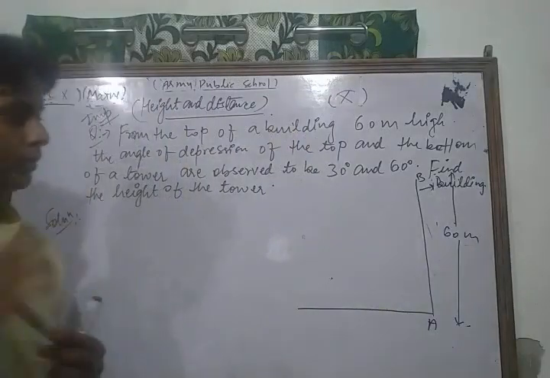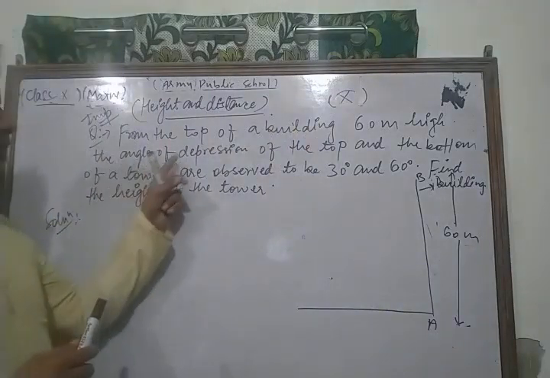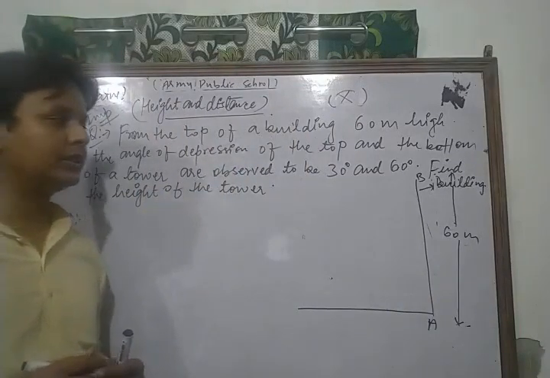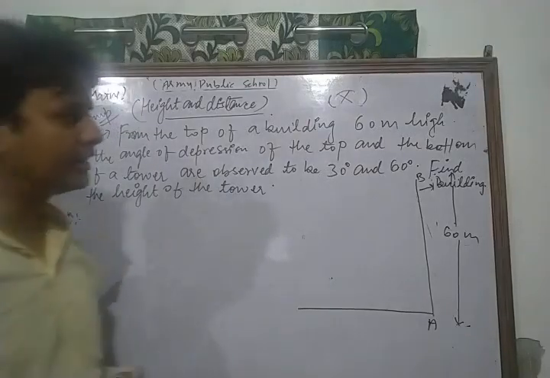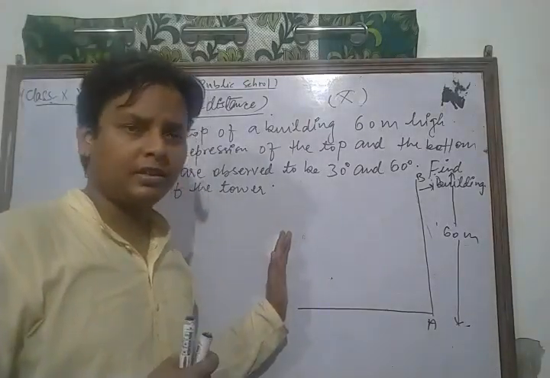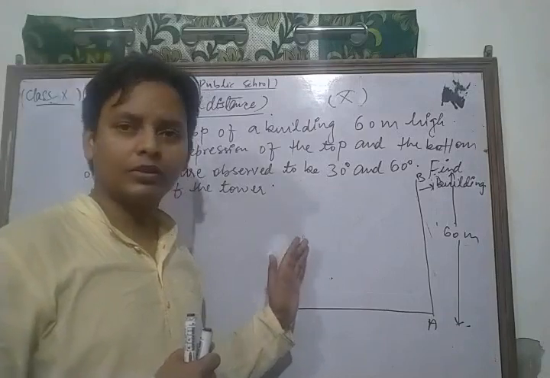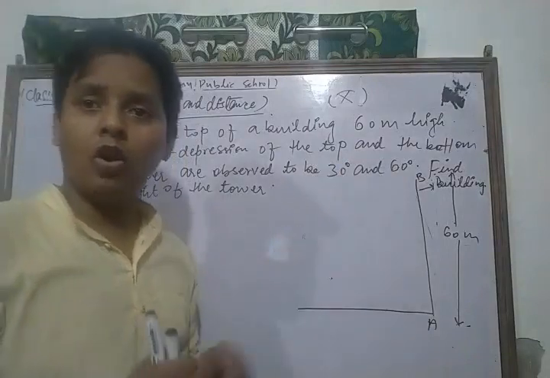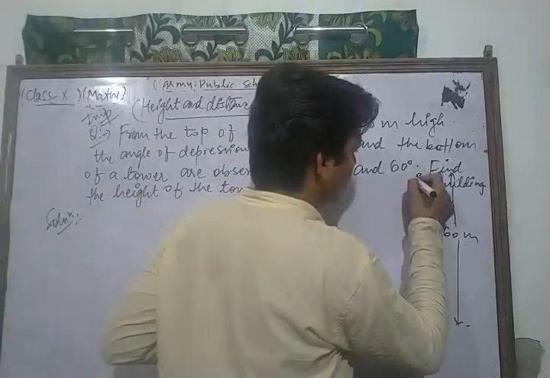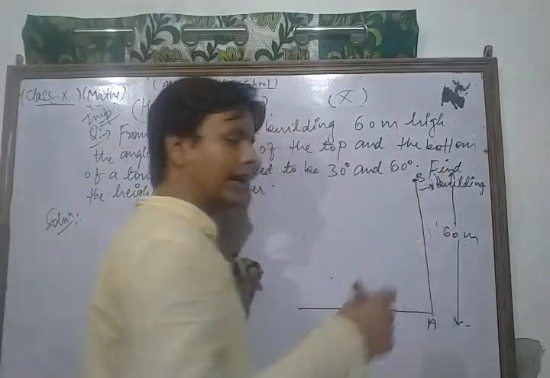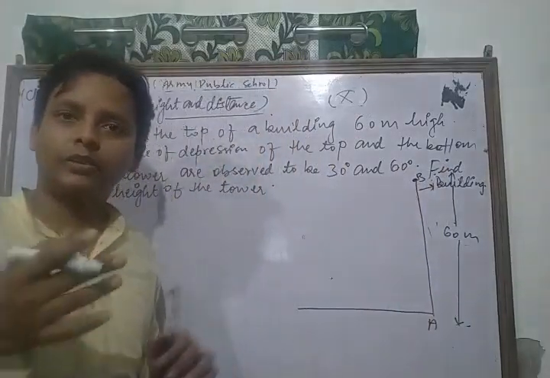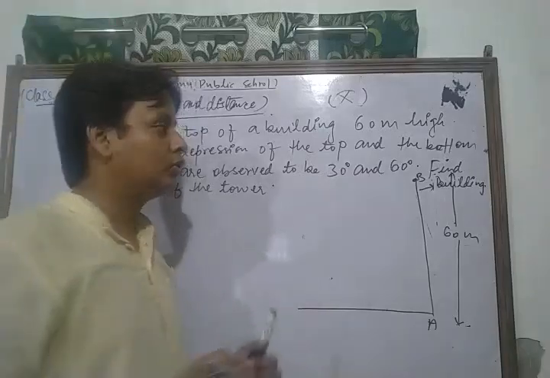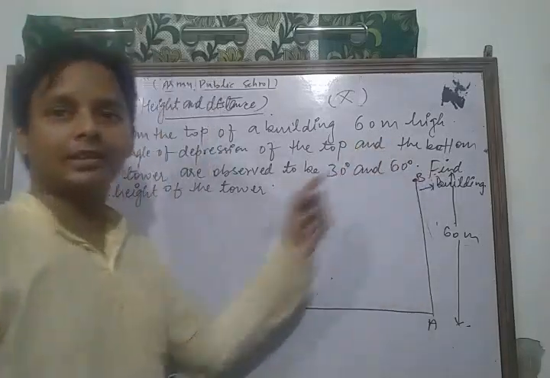Now the angle of depression of the top and the bottom of a tower are observed to be 30 degree and 60 degree. So it is clear that the height of the tower is less in comparison to the building, because the observer is at point B. The angle of depression is formed when we see any object from a height, so the observer is at point B at the top of the building.